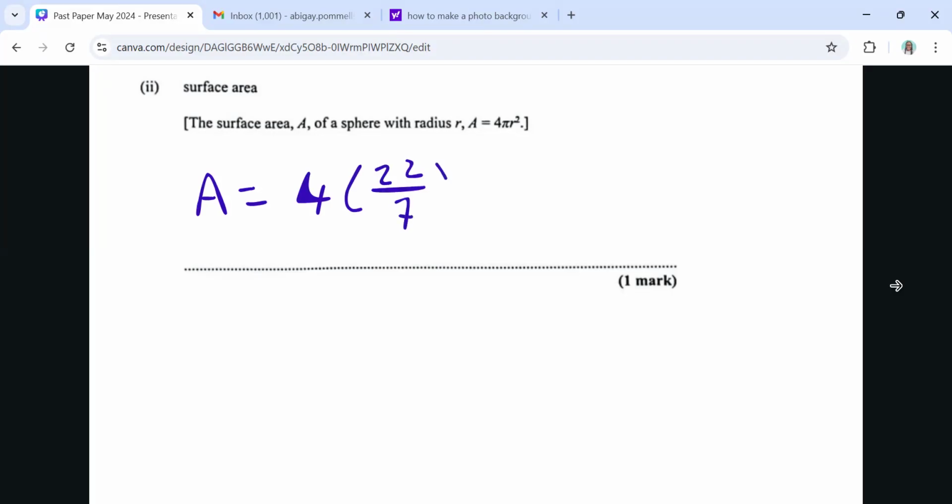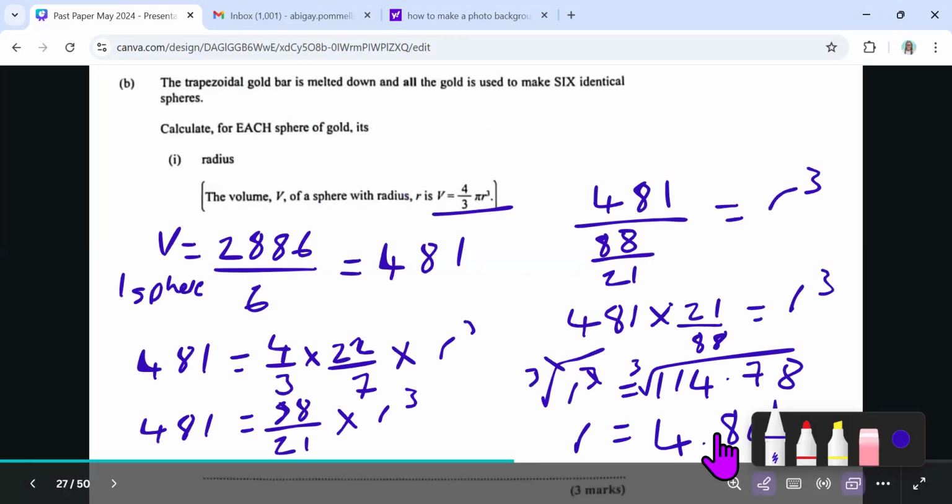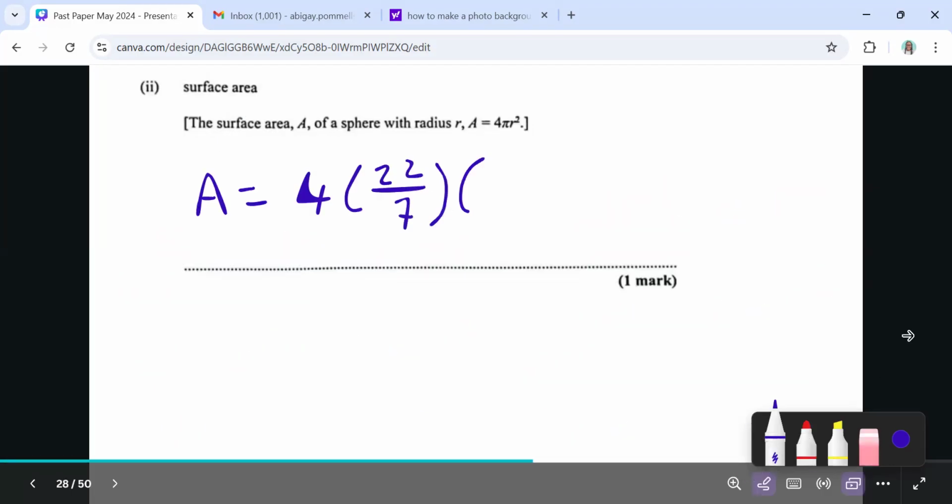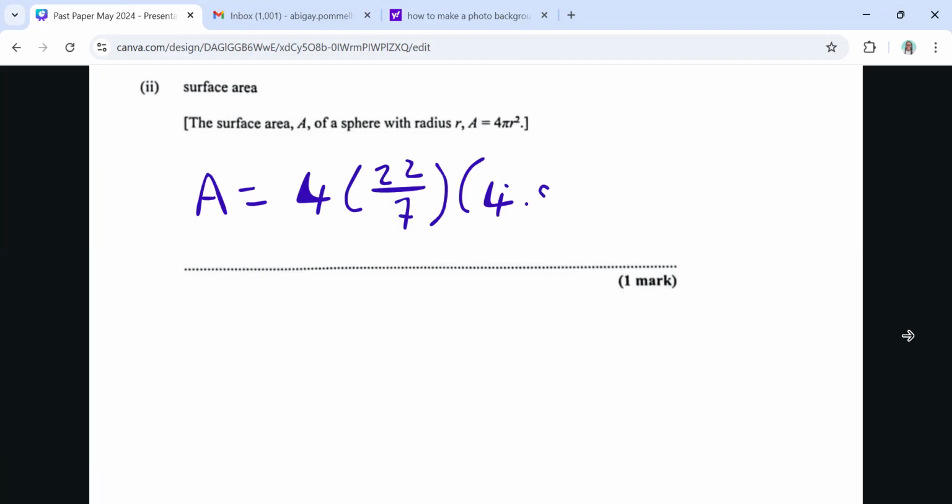And we just figured out what the radius is, which was 4.86 squared.